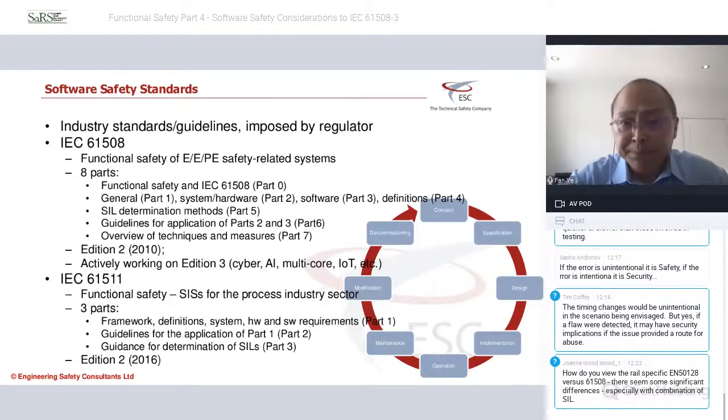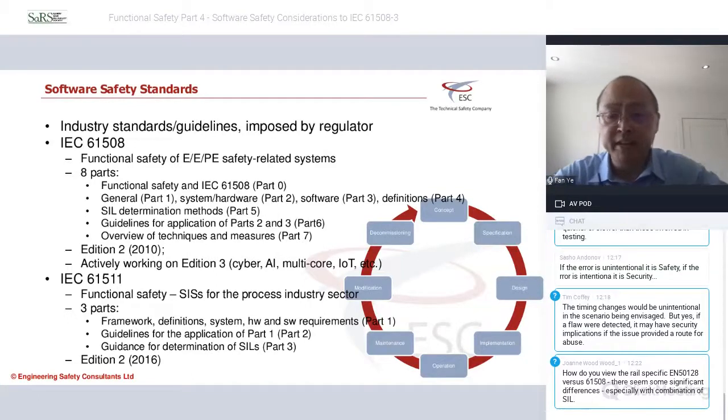Basically, in the mandatory requirements, part 2 and part 3 each have a number of tables with different techniques and measures to deal with systematic faults in different stages of a safety lifecycle, in the design development lifecycle. Each of those techniques and measures is given an overview in part 7 if you want to find out more information about it.